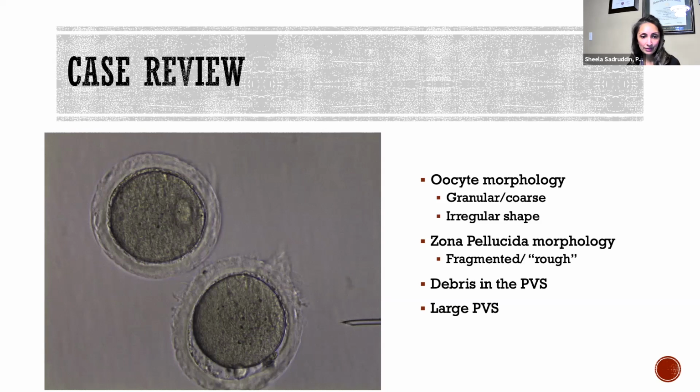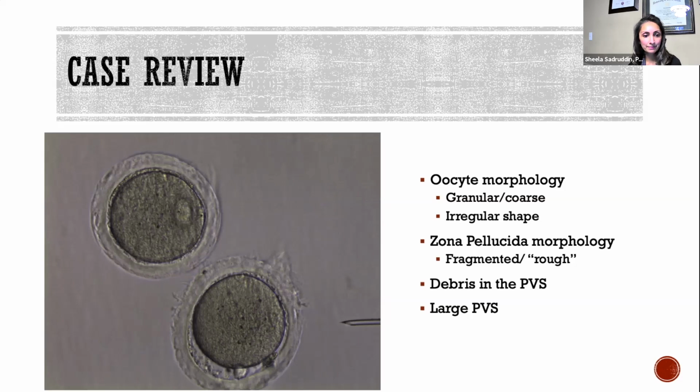But the very obvious defect here is the zona pellucida morphology. You see fragmented zona pellucidas, striated with a rough appearance. Of course, you also see debris in the cytoplasm and large PB spaces, which is less than ideal and suboptimal. We'll see that throughout all of our IVF cycles for this patient.